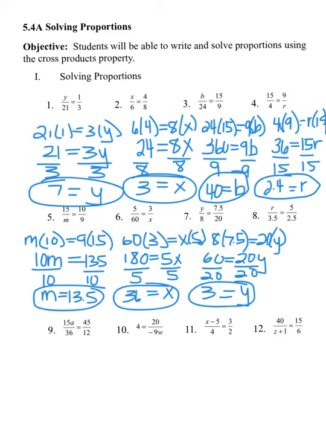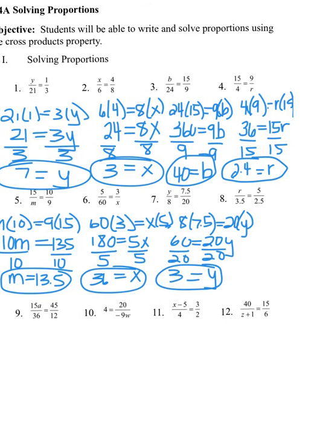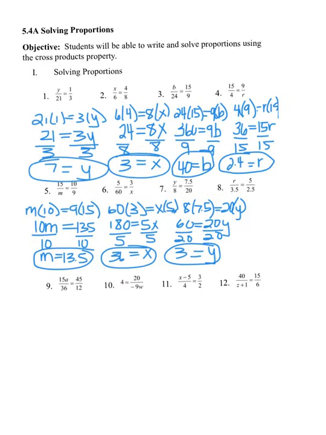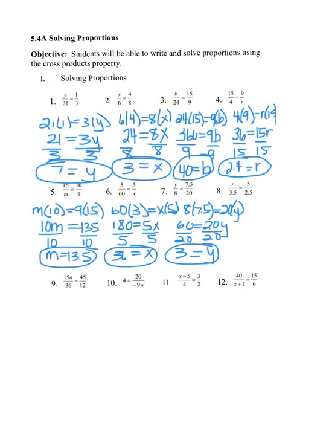All right, I'm running out of a little bit of room here, so I'm going to go over and show you number 8. Let's do this, make it a little bit smaller. Okay, so we have 3.5 times 5 equals 2.5 times r.